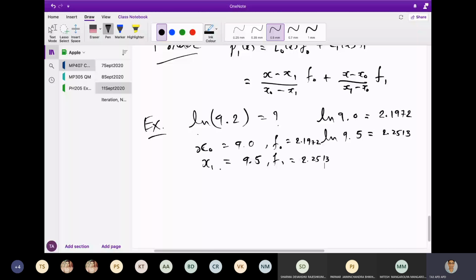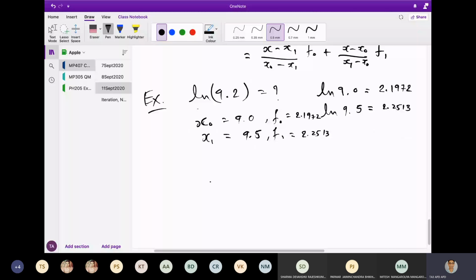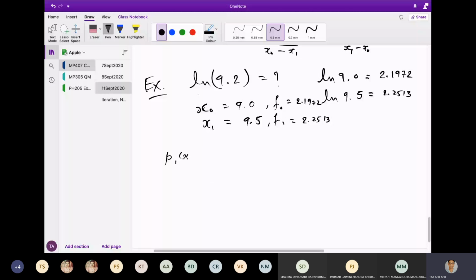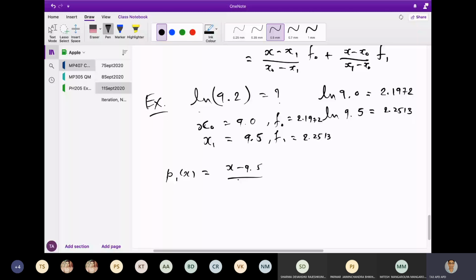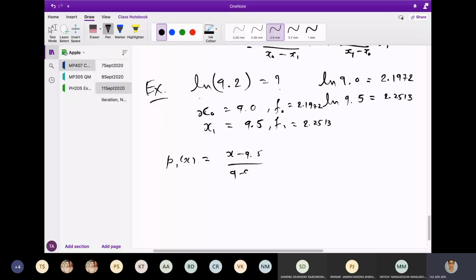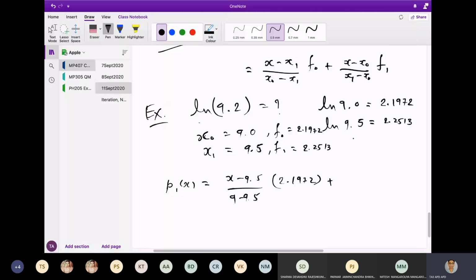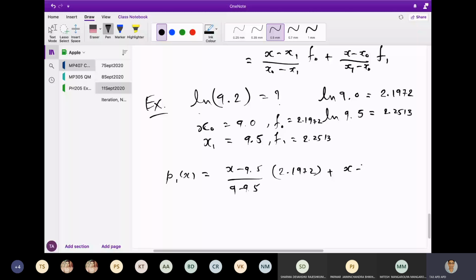Now simply put the values in your equation: (x minus 9.5) over (9 minus 9.5) into 2.1972, plus (x minus 9.0) over (9.5 minus 9) into 2.2513.